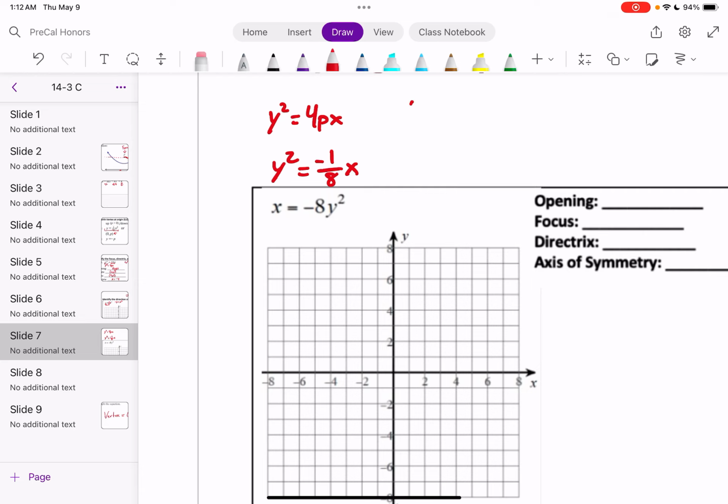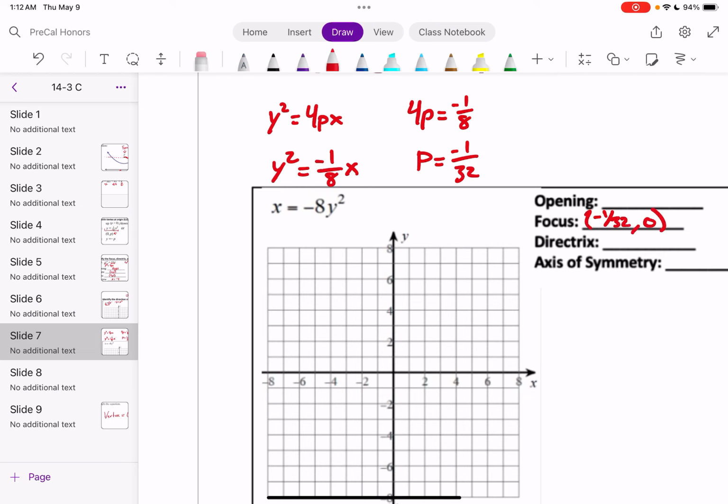So 4p is equal to negative 1/8. In this case, divide both sides by 4. And you're going to notice that our p is going to end up being negative 1/32.